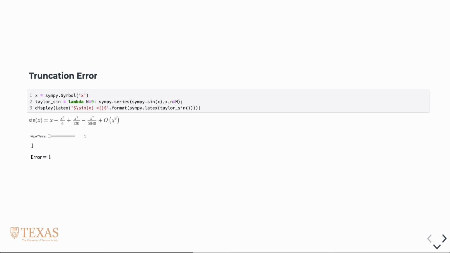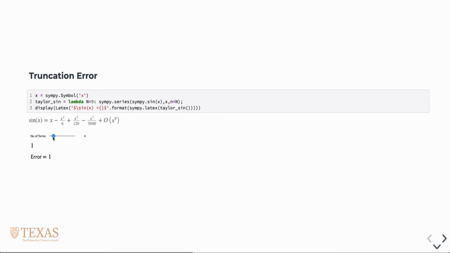So if I take no terms in the Taylor series expansion, then what I'm showing here is 1 minus the Taylor series expansion of sine. And so 1 minus 0 is, of course, 1, and I have an error completely of 1.